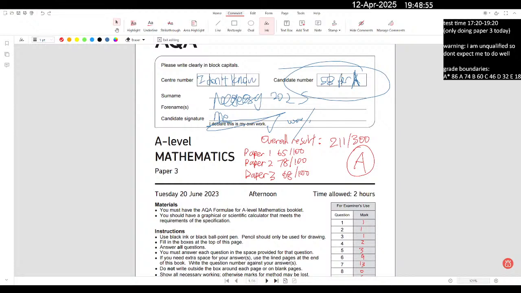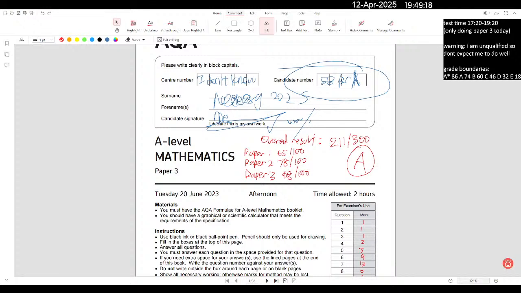I think lots of people on my GCSE math video have been saying I should do the papers from Edexcel rather than AQA, because the papers from Edexcel are way harder. So I might give it a look and see if it really is harder. Given that so many people told me it is harder, I think it is harder.